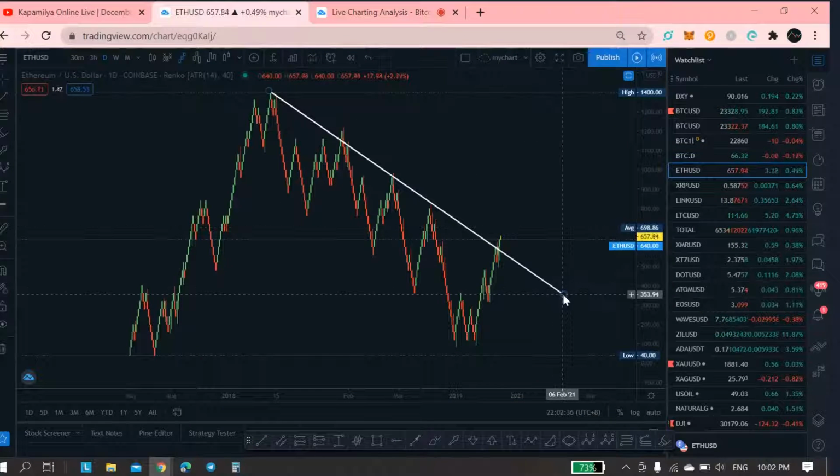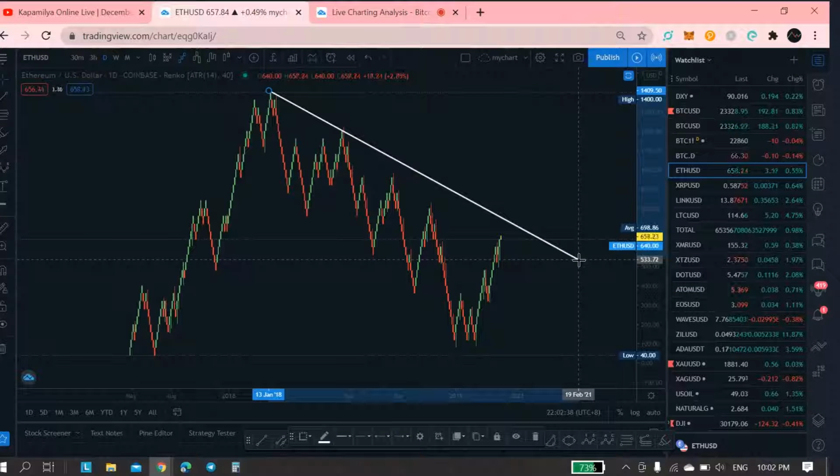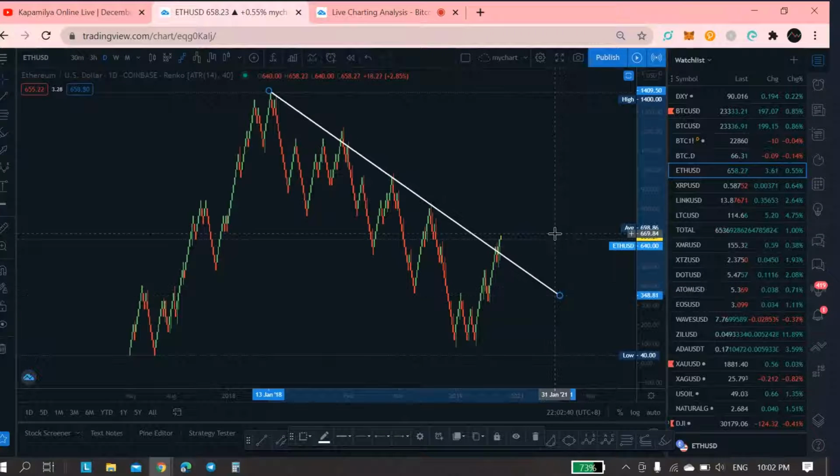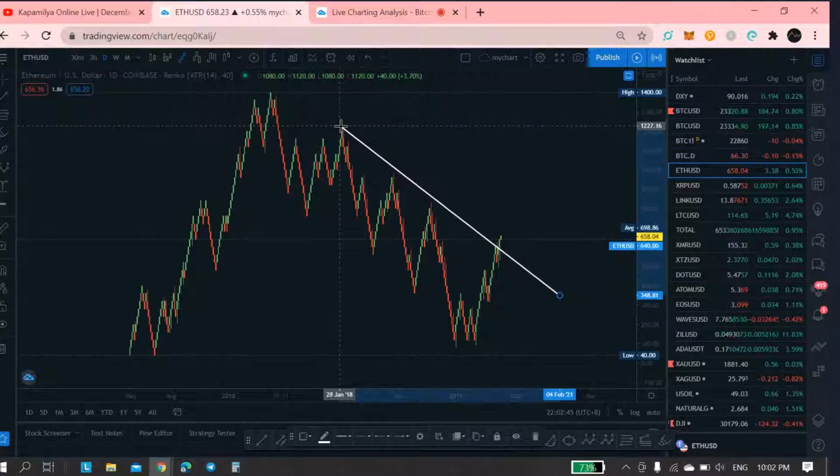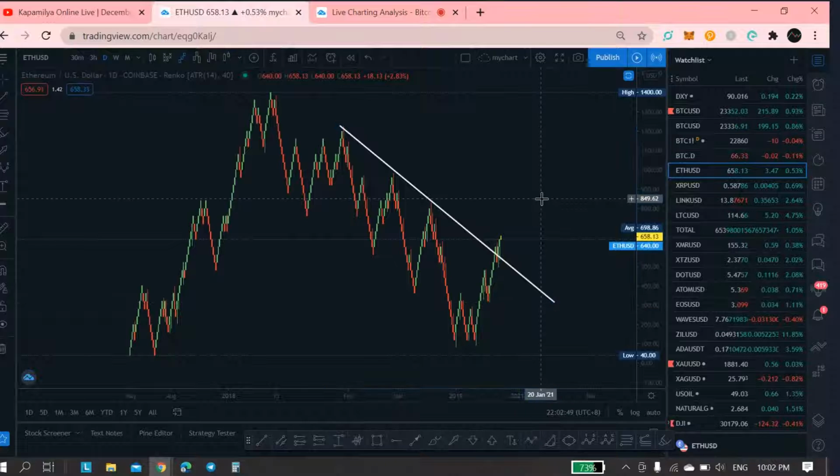Actually, we can just use that, because it fell at that area so many times. It also seems like a head and shoulders here, and that's also a head and shoulders at that area.